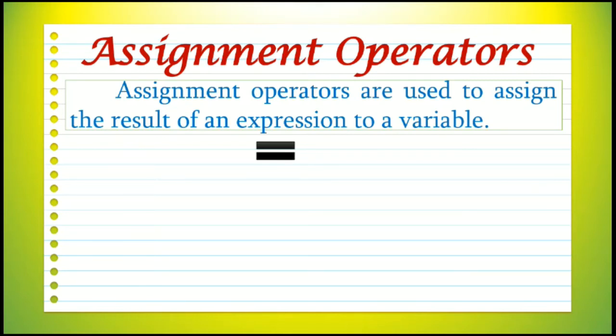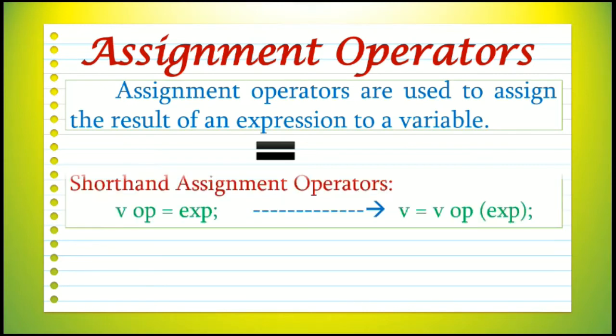In addition, C has a set of shorthand assignment operators of the form V OP = exp;, where V is a variable, OP is a C arithmetic operator, and exp is an expression.